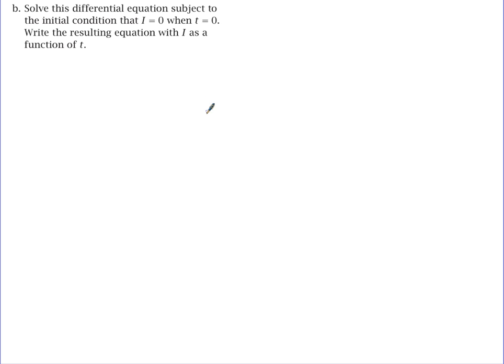Solve this differential equation subject to the initial condition that I equals 0 when t equals 0. Write the resulting equation with I as a function of t. Alright, so we had this before: E equals Ri plus L di dt.